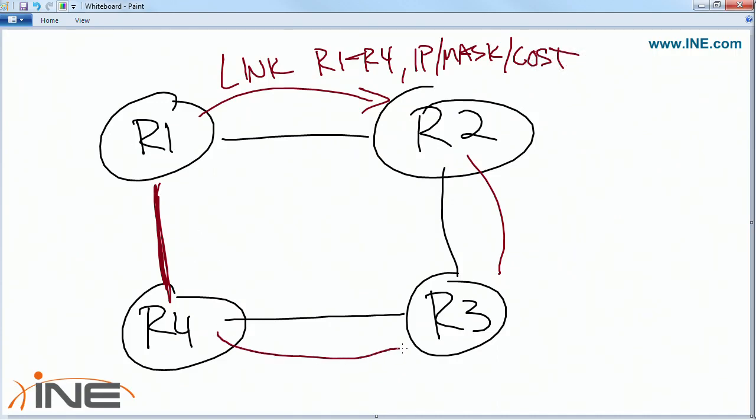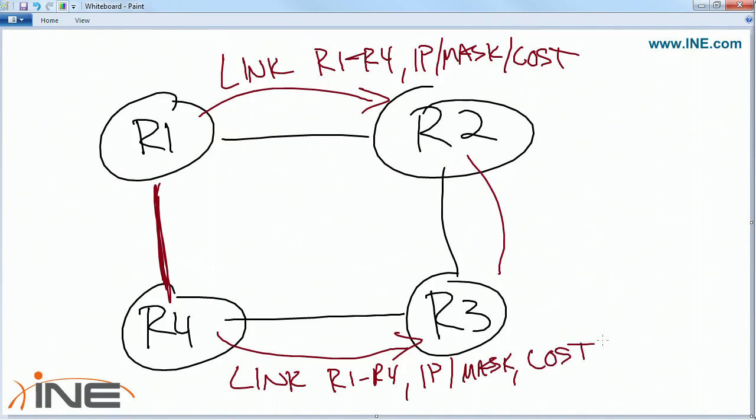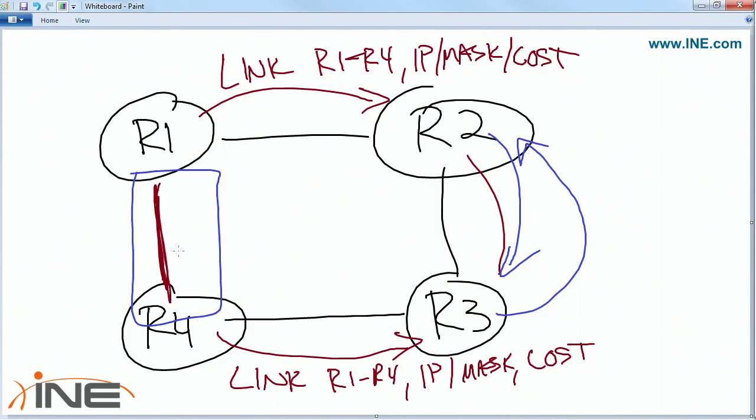This is the same identical information that router 4 is sending. It says there's a link between router 1 and 4 that has an IP address and a mask. It has a cost value and it has other attributes. When these advertisements get sent around the network, they're the same no matter which direction they're coming from, because everyone agrees on what the state of the link is.